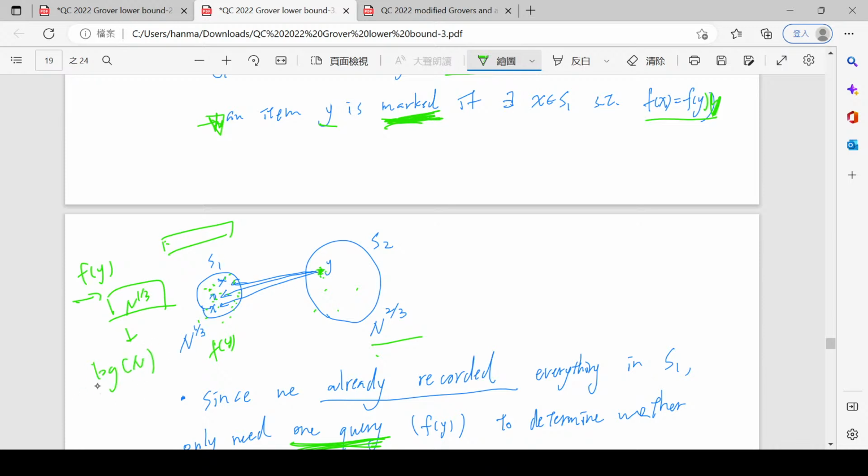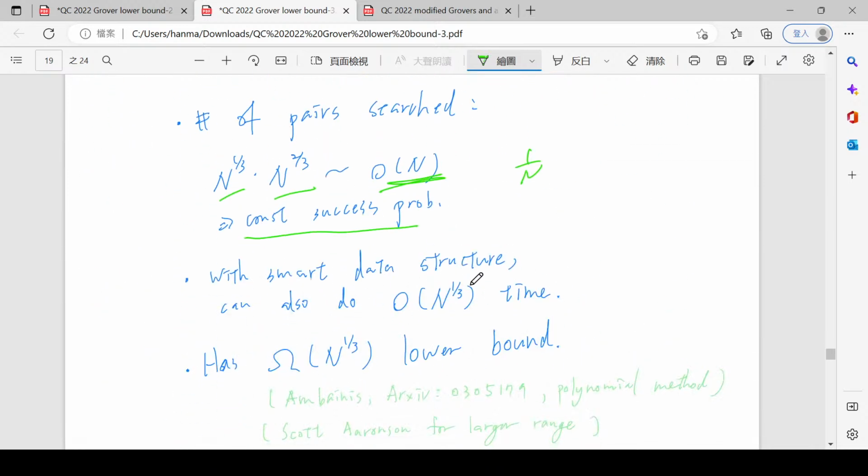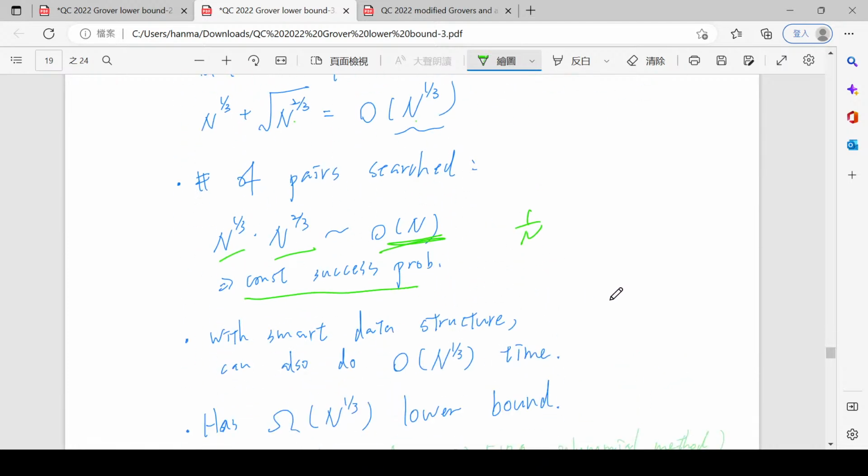Okay, so that's possible to do with basically just a classical data structure. Although you need some requirements. But it's possible with a smart data structure, and that will give you an order n to the 1/3 time quantum algorithm to solve the collision problem.